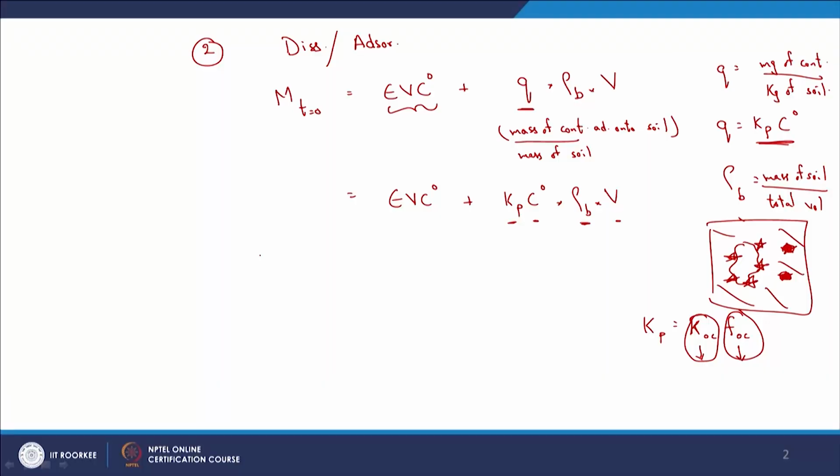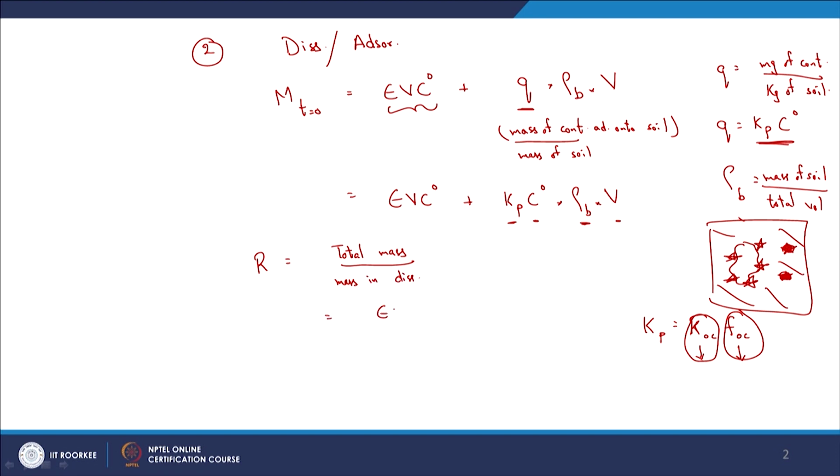So, in this context let us look at one particular example to understand the relative masses that would be present in the dissolved phase and the mass that would be present in the adsorbed phase, right. I believe we also looked at the retardation factor, and how do we calculate that? That is going to be equal to the total mass by the mass in the dissolved phase, right.